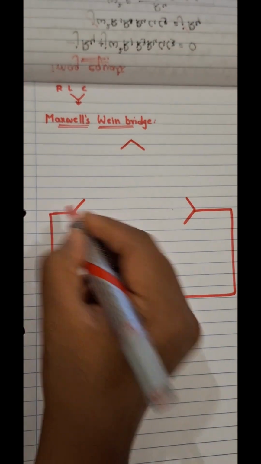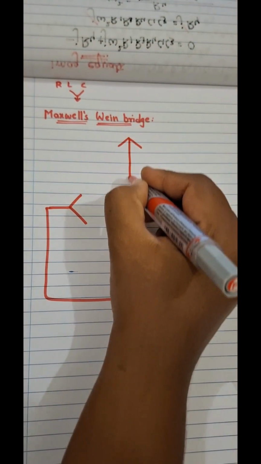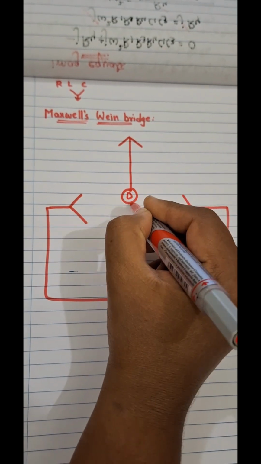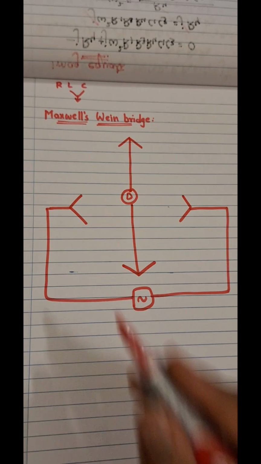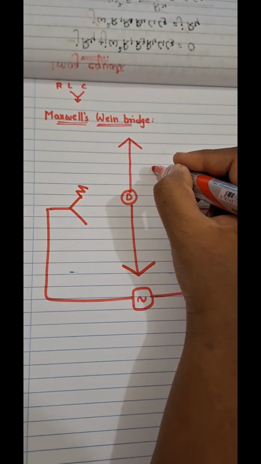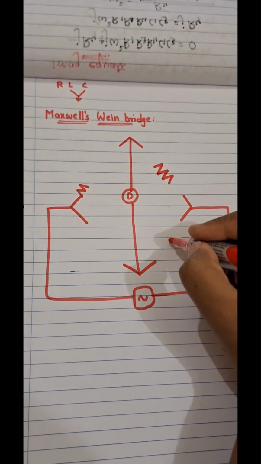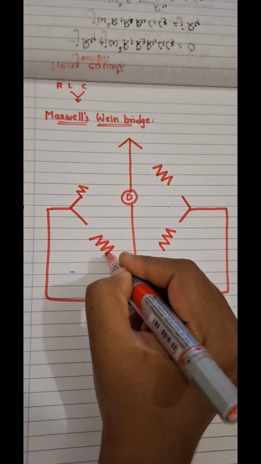Usually this is the bridge circuit with a detector. Now here the difference is, of course, we have the same resistance here. There is no change in that. We are going to have resistance in the 4 legs.